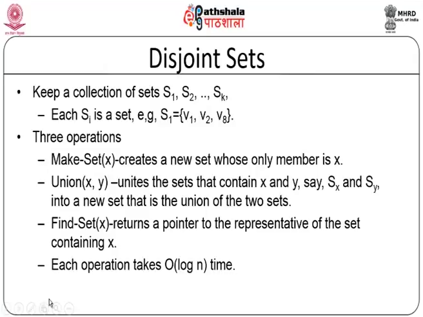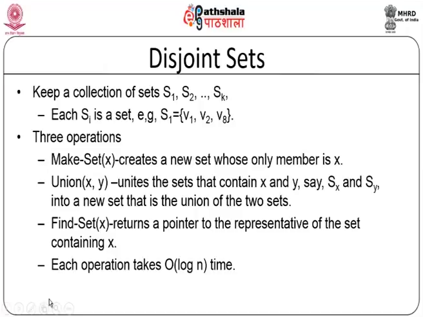Now, there are three operations that are necessary. One is make set X, which creates a new set whose only member is X. Now, union XY unites the sets that contain X and Y, say Sx and Sy, into a new set, that is the union of the two sets. Okay. So, this is how union is done.